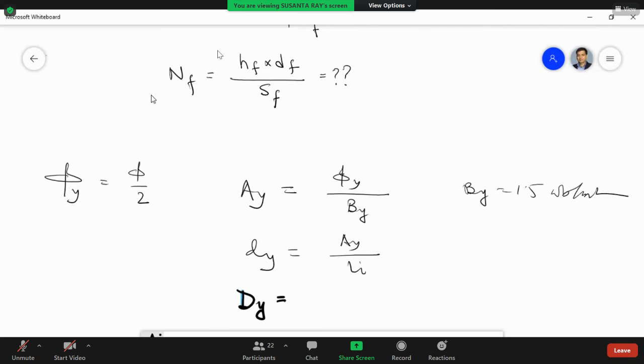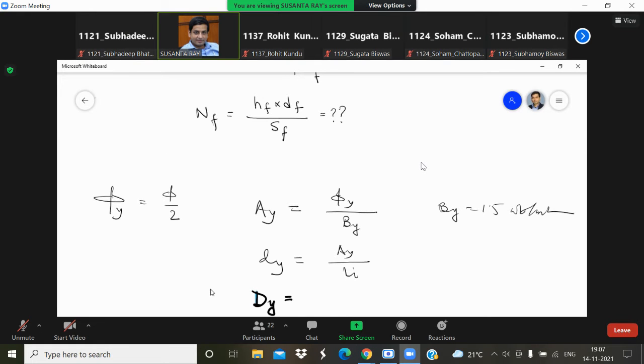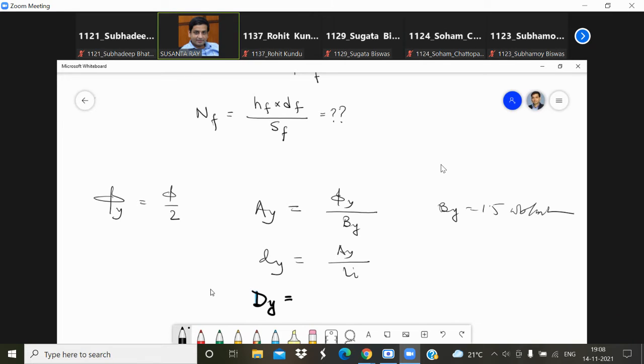You find out the outer diameter of the yoke, Dy. How can we find that?